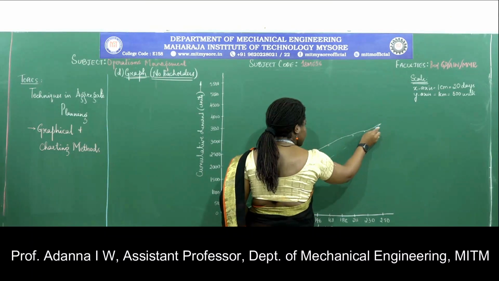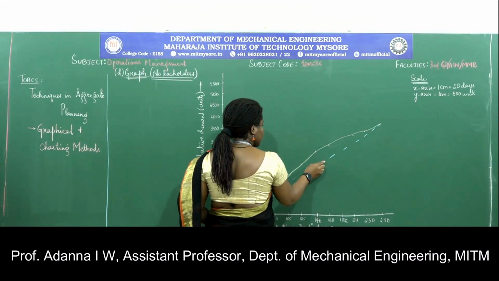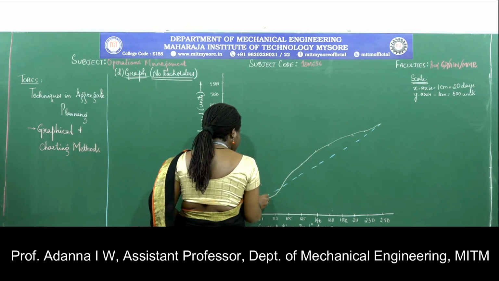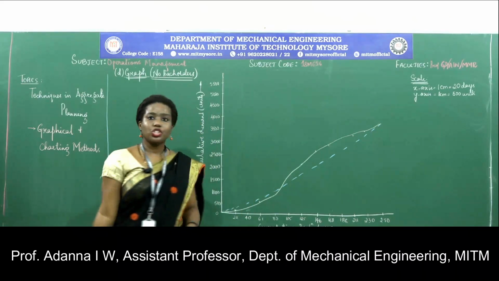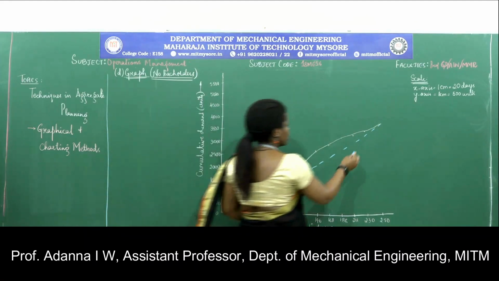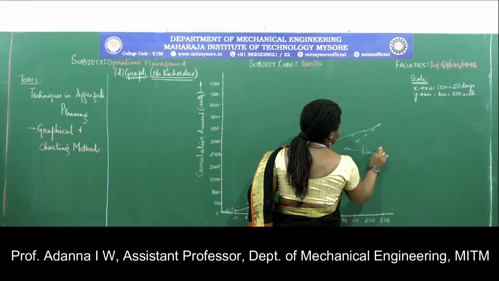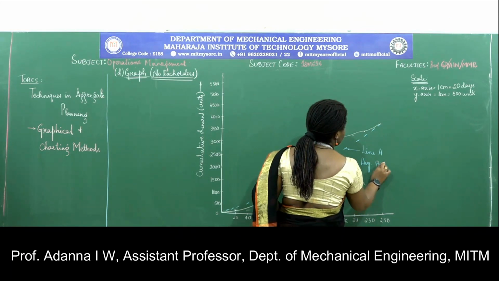We'll represent it as a dotted line. So this line represents the average production that we need to achieve. The average production line. So I'll just call this line A. It is the average production line.